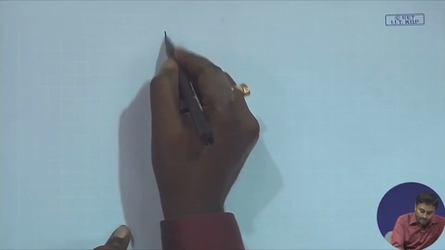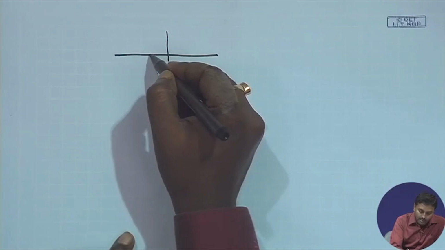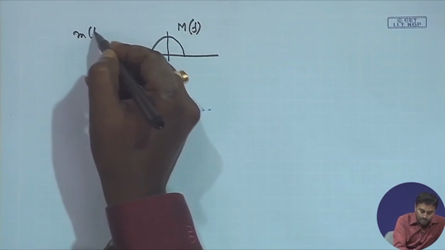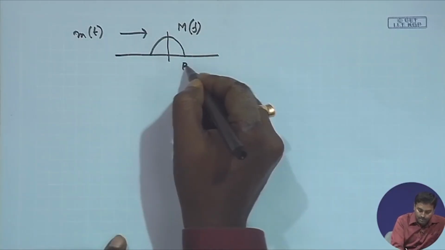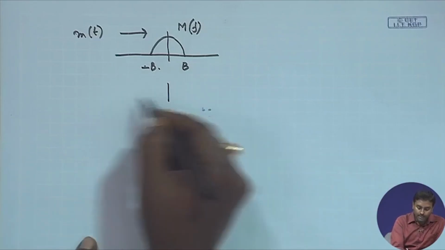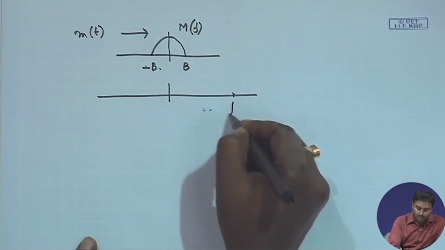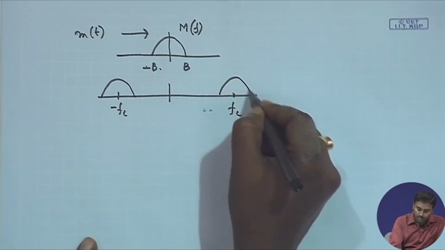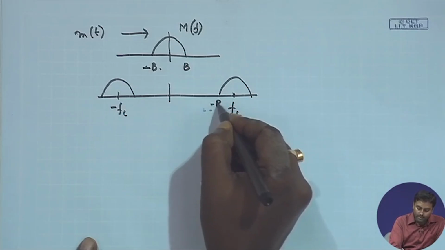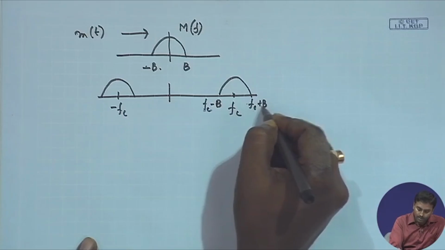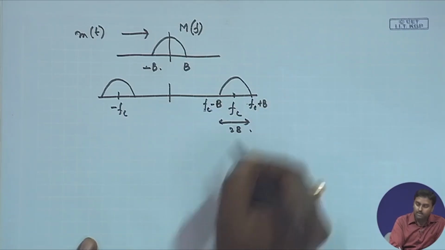Whenever we do VSB, let us demonstrate. Suppose this is my M(t) and corresponding M(f), which has a bandwidth B. If I do DSB, then at Fc and minus Fc this will be modulated and it will occupy the band from Fc minus B to Fc plus B, so almost 2B bandwidth, right.